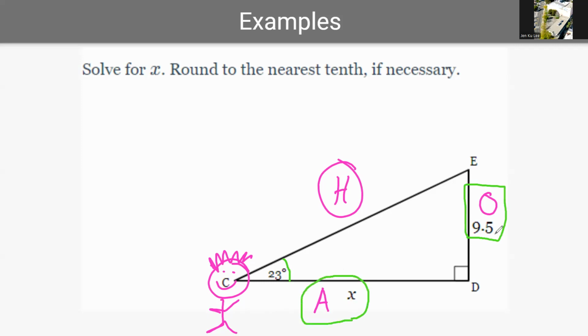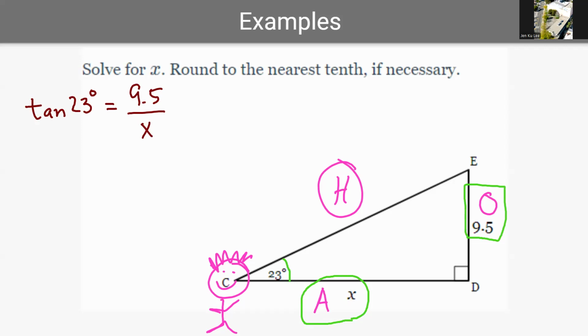So you have to think, what deals with O and A? What trig function deals with O and A? Tangent. Thank you. Tangent, right? So the tangent of 23 degrees equals opposite 9.5 over adjacent, which is x, right?